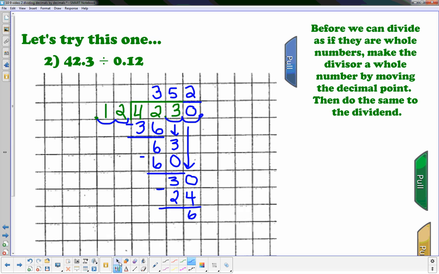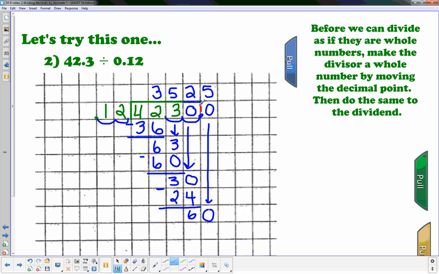Now, here's an important note: we're not going to have remainders with decimals. We're going to keep dividing by adding zeros. If I add another 0 and bring it down, 60 divided by 12 is 5.